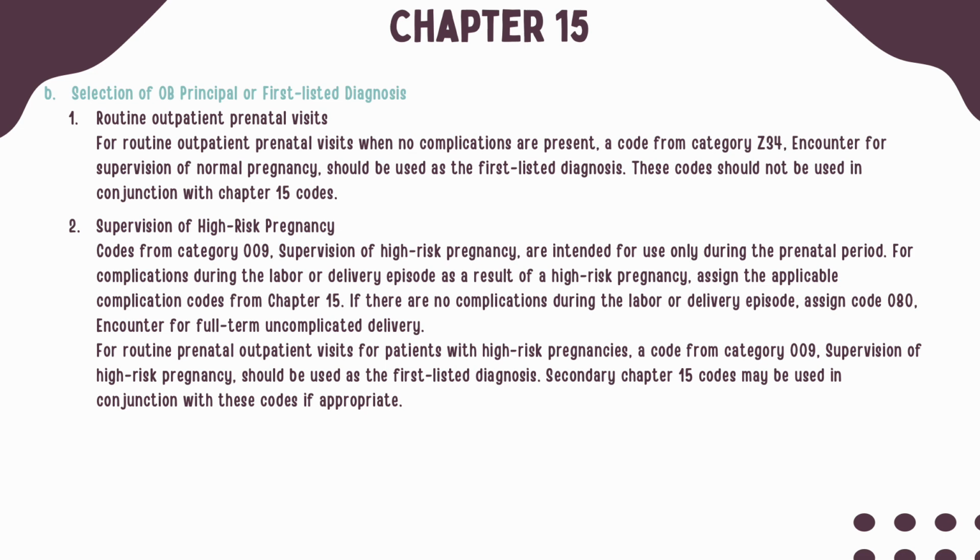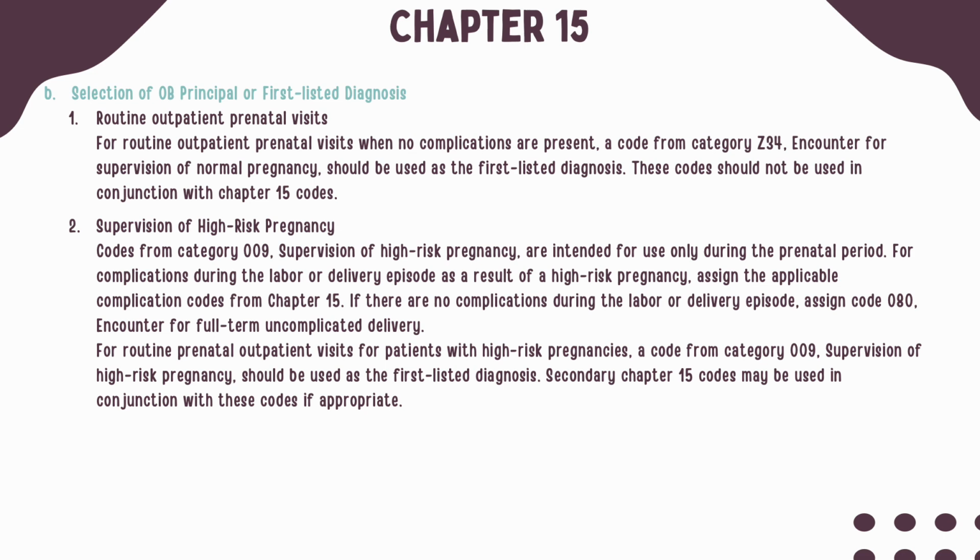Codes from category O09 are intended for use only during the prenatal period to indicate a supervision of high-risk pregnancy. When complications occur during labor or delivery as a result of a high-risk pregnancy, you should assign the applicable complication codes from Chapter 15.